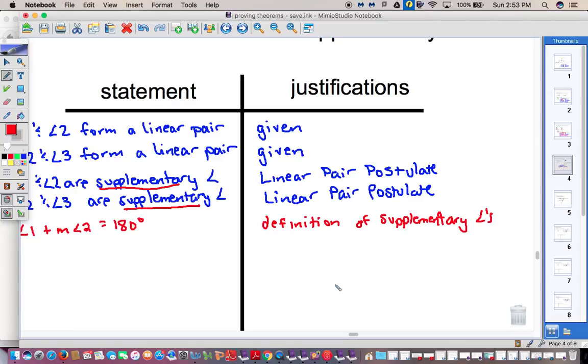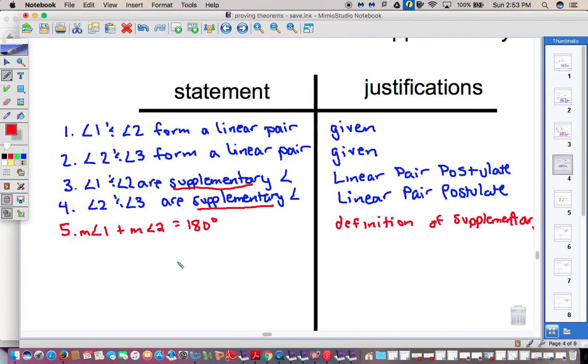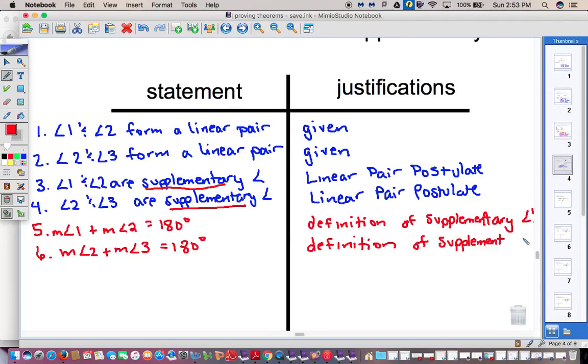Okay, and then step 6, hopefully you'll see, is that the measure of angle 2 plus the measure of angle 3 equals 180 degrees. And again, that's by the definition of supplementary angles.